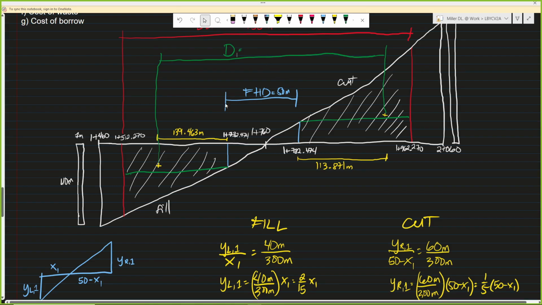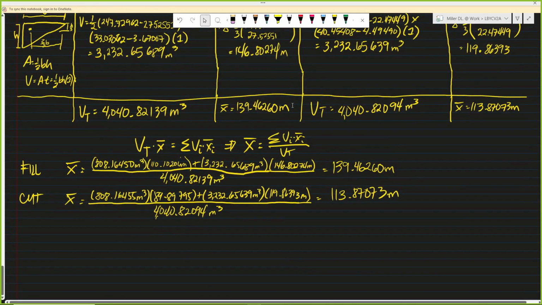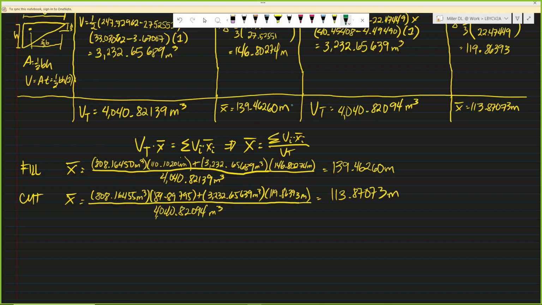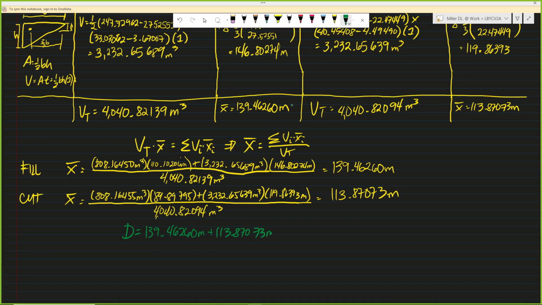So, FHD natin is 50. So, D is equal to 139.46260 meters plus 113.87073 meters plus yung FHD, which is 50 meters.